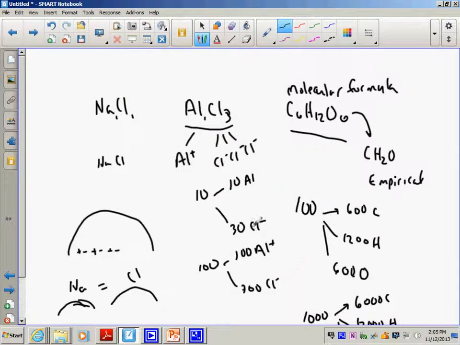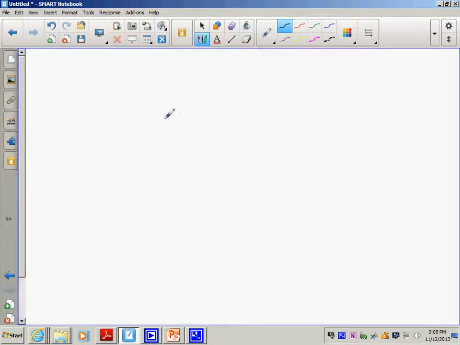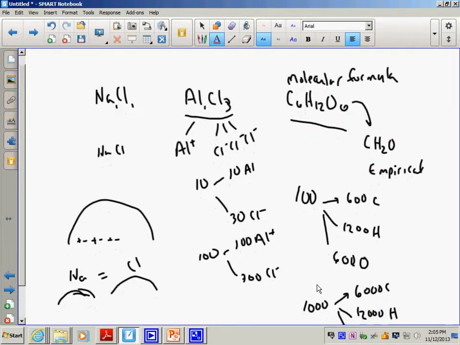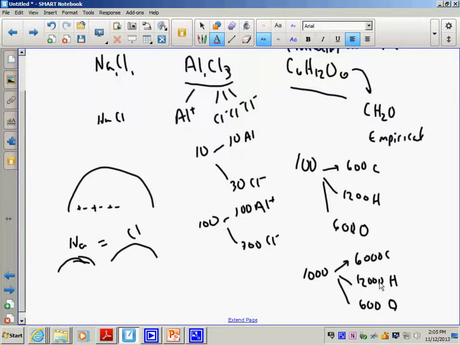Now, how does this relate to mass? Unfortunately, it doesn't really work that easily. We have the mass versus quantity. Now, everything has its own mass, and that's what's unfortunate about this particular item. For example, in glucose, we have 12 hydrogens.